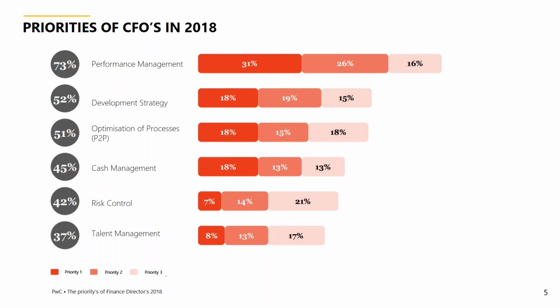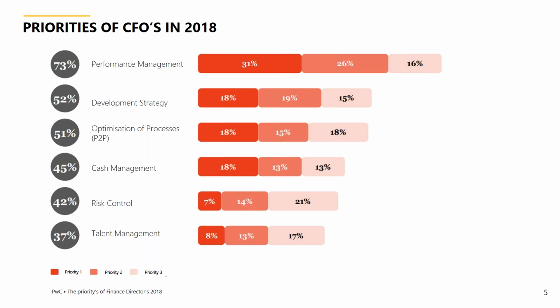And all the things that they are then looking at in priority are our development strategy, that's across the whole organization as well. Then we're also looking at the optimization of processes for purchase to pay, order to cash, etc.